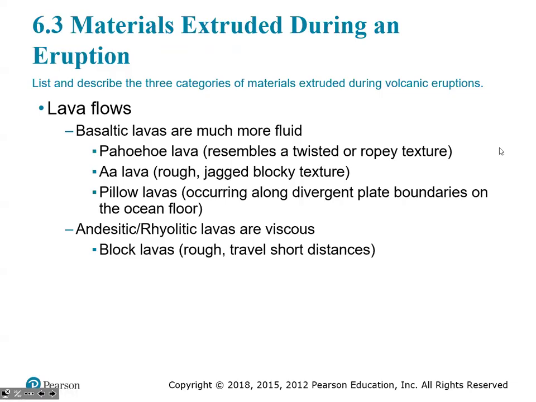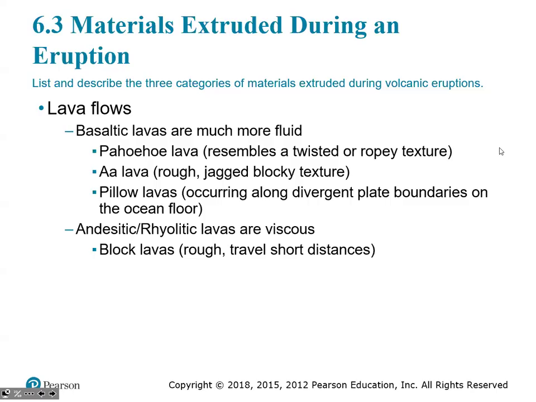So we were talking about volcanoes. Let's talk about the material that comes out during volcanic eruptions. So lava flows occur. Basaltic lavas are much more fluid, so they will generate things that flow across the surface.